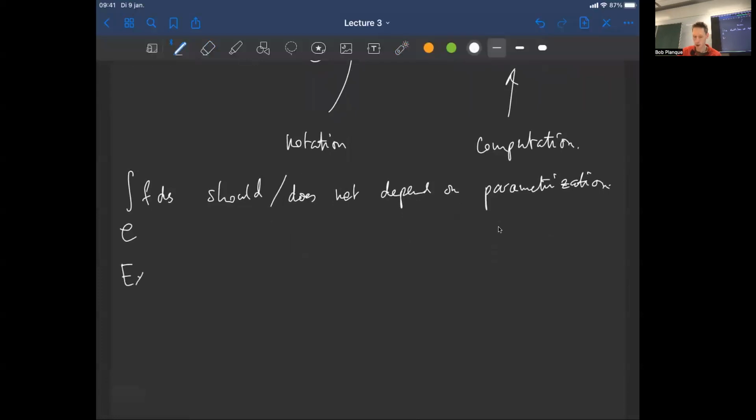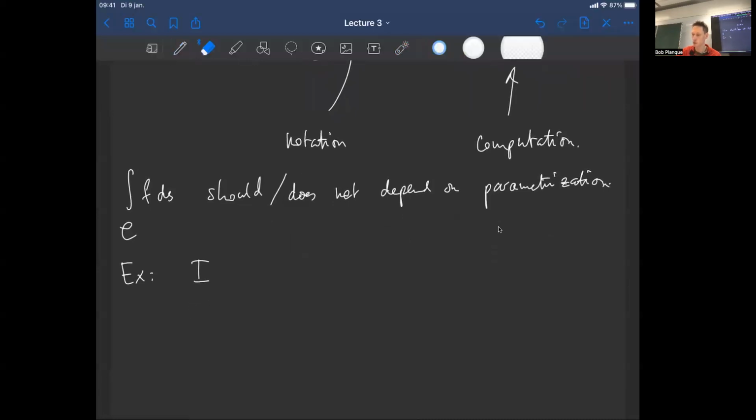So if I just do a little example of that, I would like to know a curve. This I is the thing that I want to integrate. I is the integral over some curve of x squared plus y squared. This is the function that I would like to integrate over some curve. If I don't specify the curve, this is meaningless.